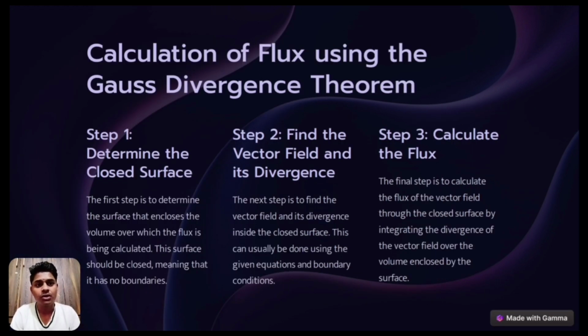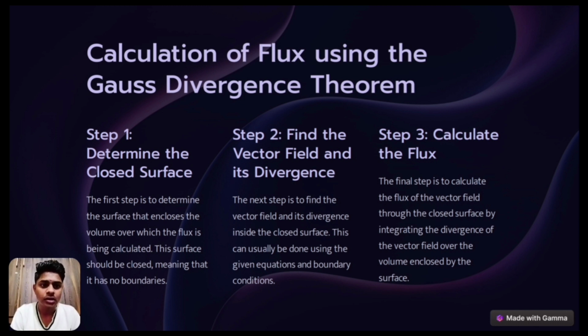Next, calculation of flux using the Gauss divergence theorem. Step 1. Determining the closed surface. Step 2. Finding the vector field and its divergence. Step 3. Calculate the flux. Step 1. The first step is to determine the surface that encloses the volume over which the flux is being calculated. And in the second step, you should find the vector field and the divergence.